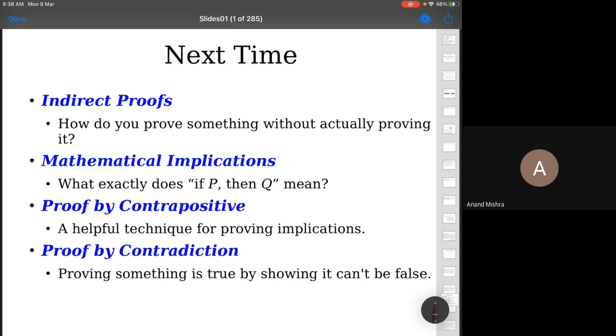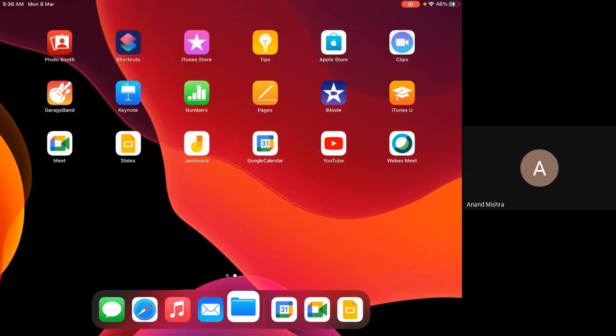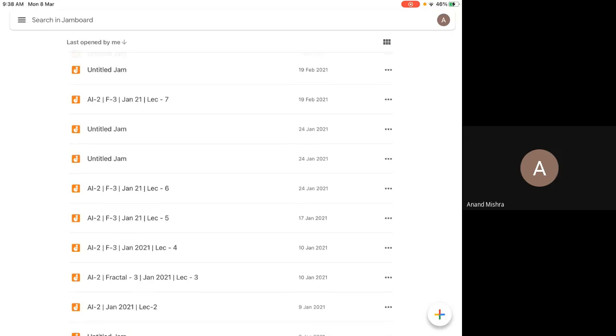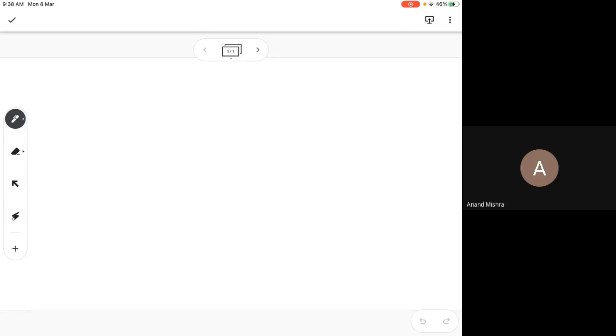Let's do that here, on a clear page. Right. So what we had is A is {1}, right?